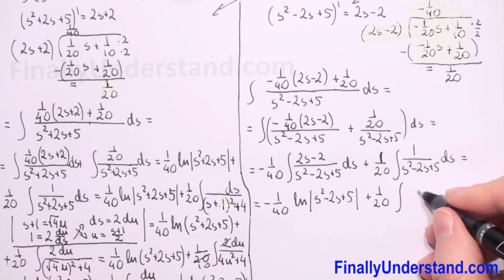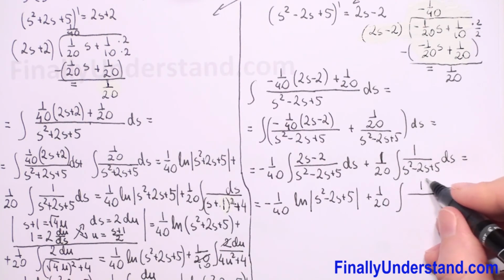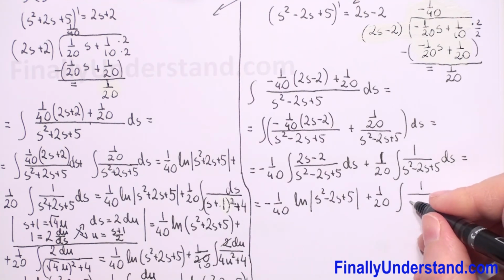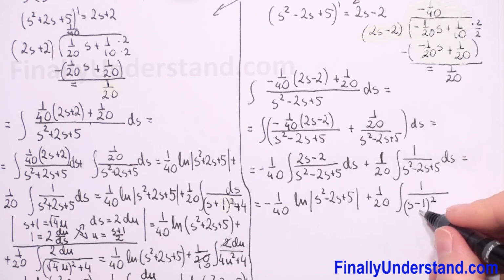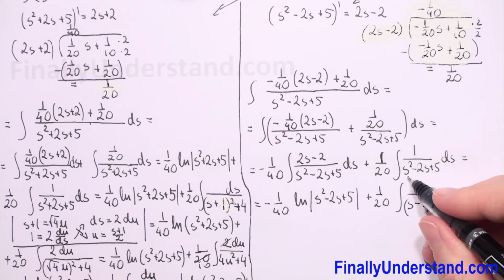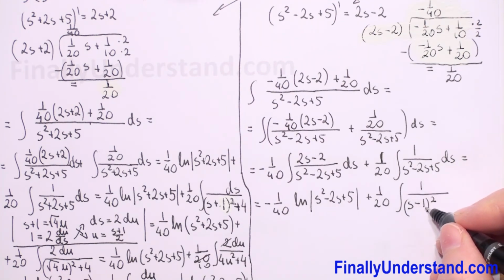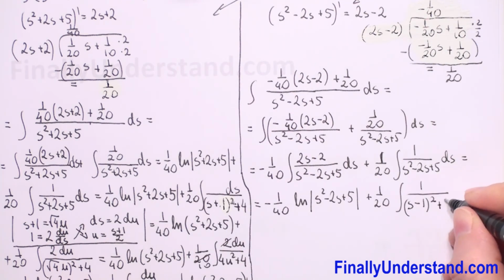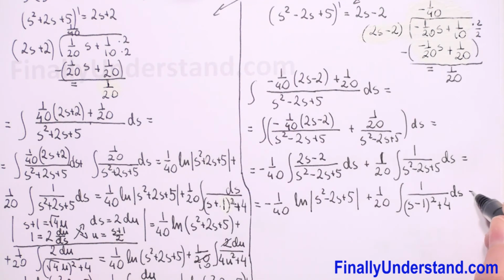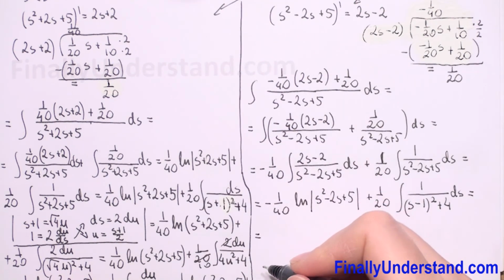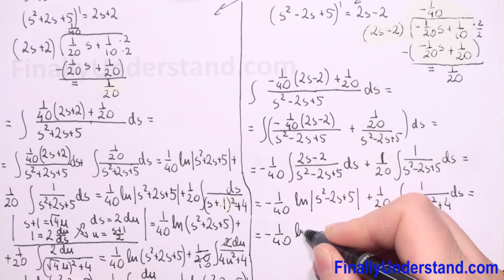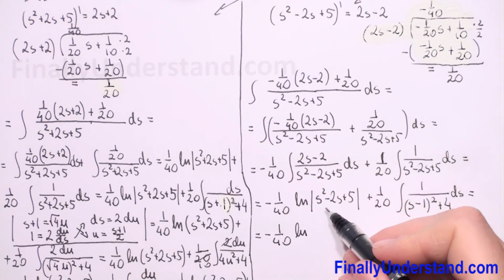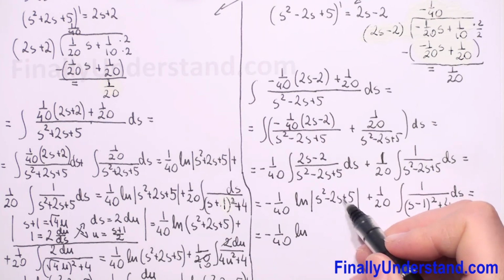And now we will rewrite our denominator in the second integral as (s minus 1) to the second power. It will be s squared minus 2s, the same as what we have here, plus 1. We need to add 4 because we have 5 here, with respect to s. So this is equal to negative 1 over 40 natural logarithm of the absolute value of s squared minus 2s plus 5.